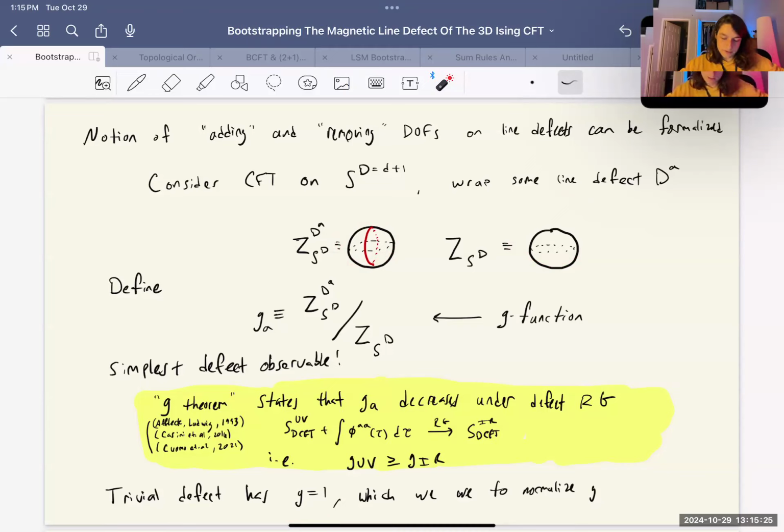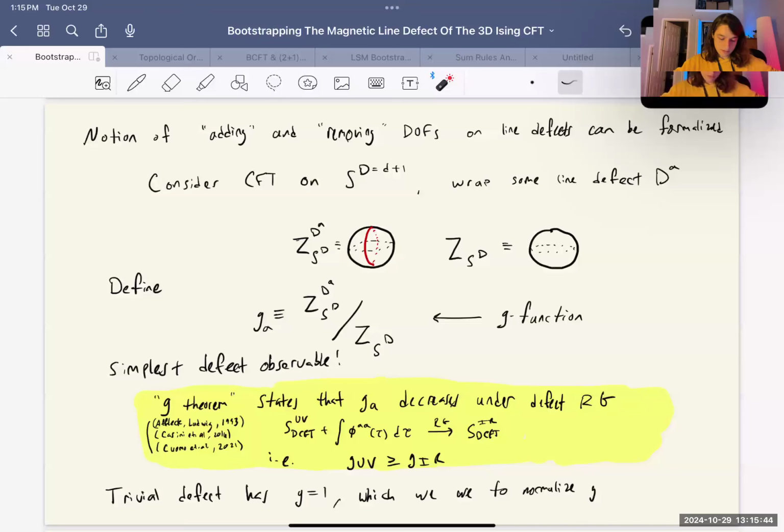We're going to be measuring this G for different kinds of defects, and whether G is greater or less than 1 will roughly tell us whether the defect adds or removes degrees of freedom in this localized way.